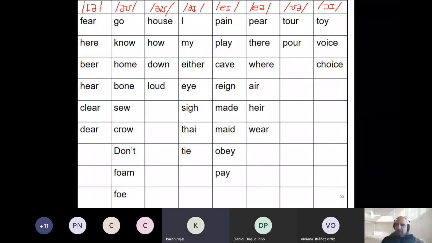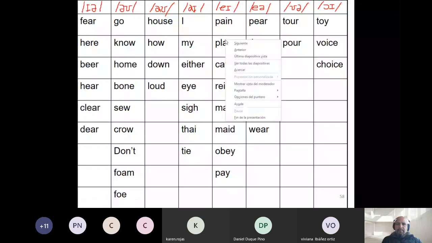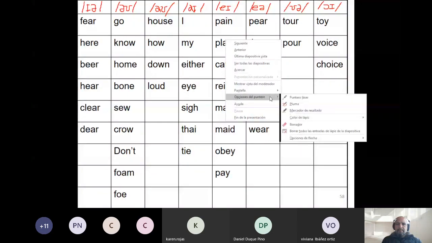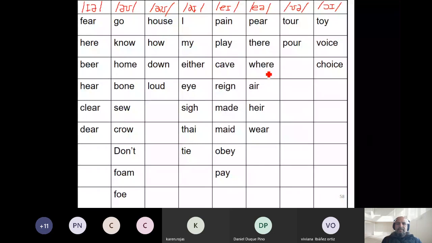I want you to include what is called the odd one, the one that does not belong to the category. So you write, for example, number one. Let me use a highlighter. Number one. Which is the one that does not belong?